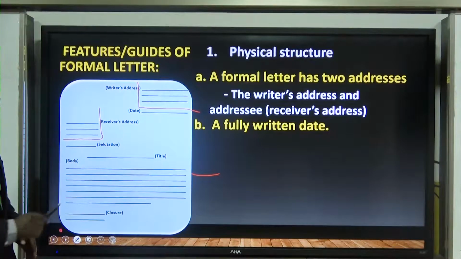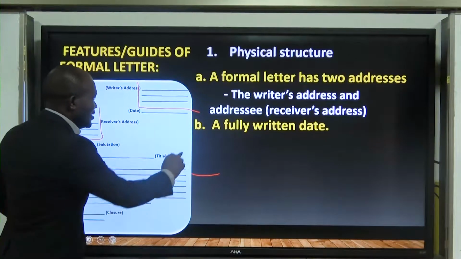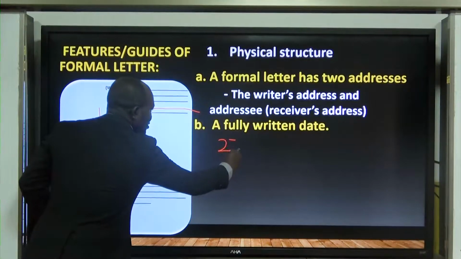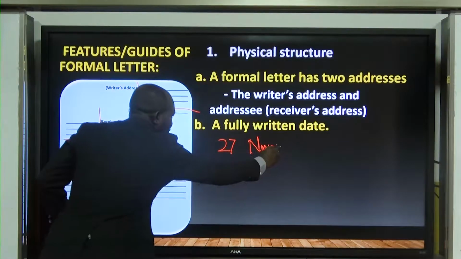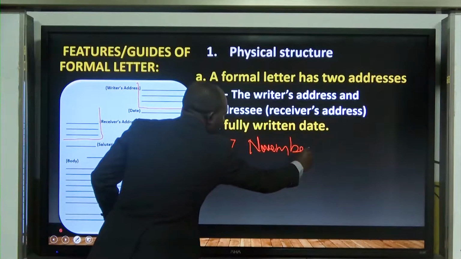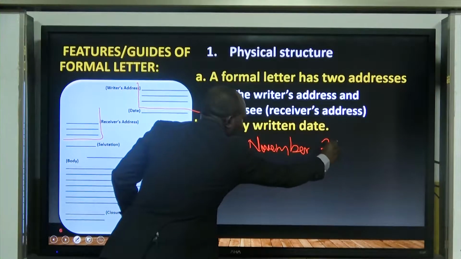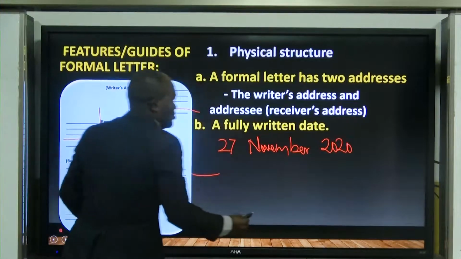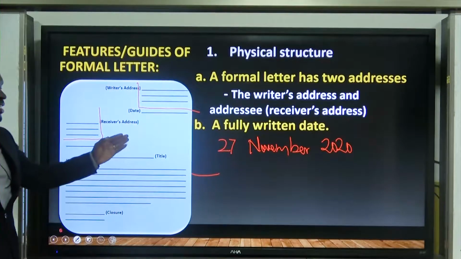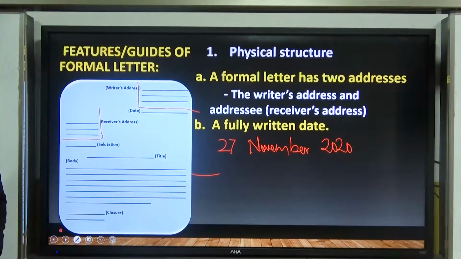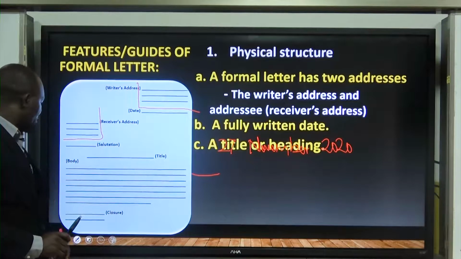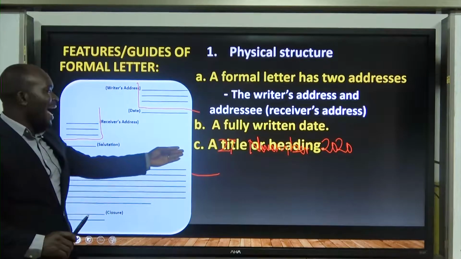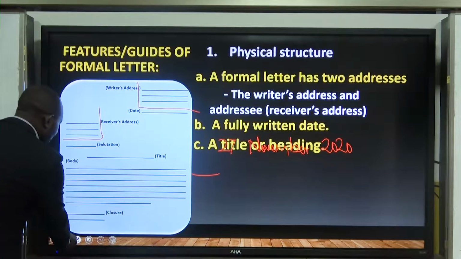So you say 27th November in full, please. 27 November 2020. The date has to be fully written. Okay. Another feature you will notice in a formal letter is a title. A title.